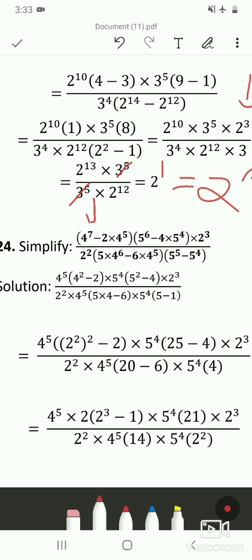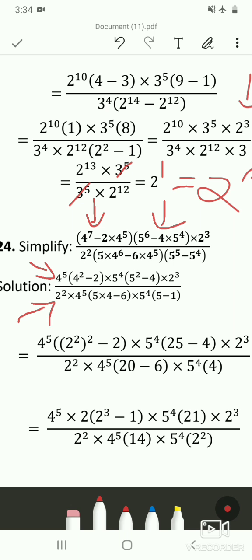In the first term over here we can see 4 raised to 5, you can take it as common. So here 4 raised to 5 is common, so you are remaining with 4 square minus 2 into, in this term 5 raised to 4 is common, so you're taking 5 raised to 4 out and you are remaining with 5 square minus 4 into 2 cube.